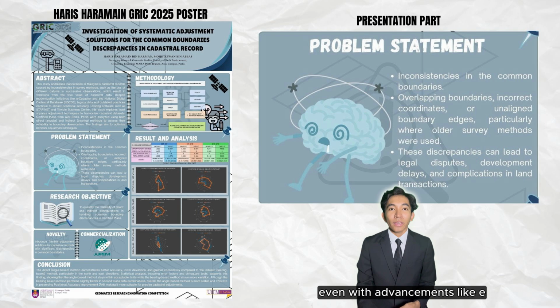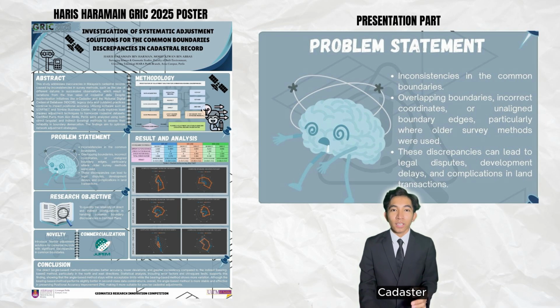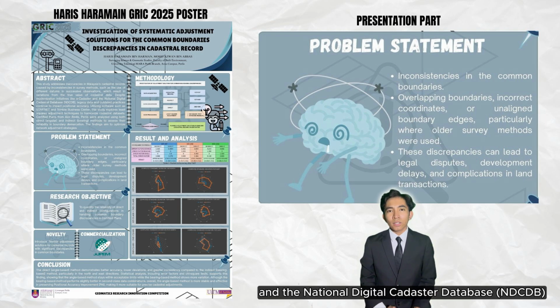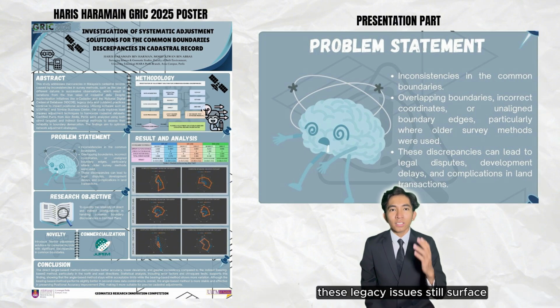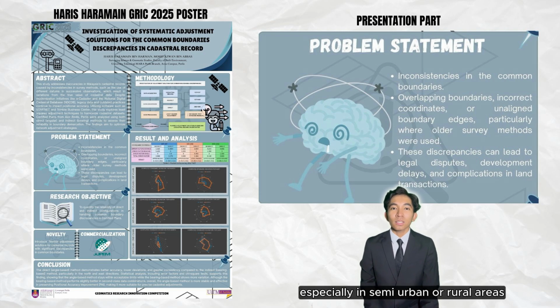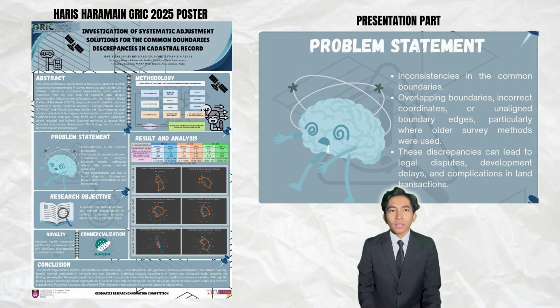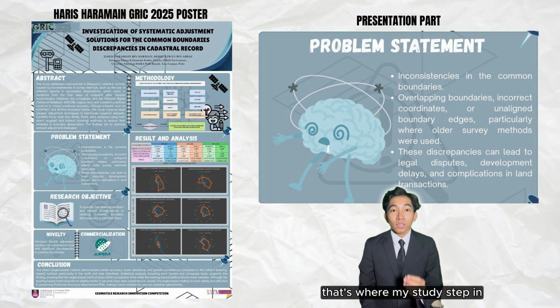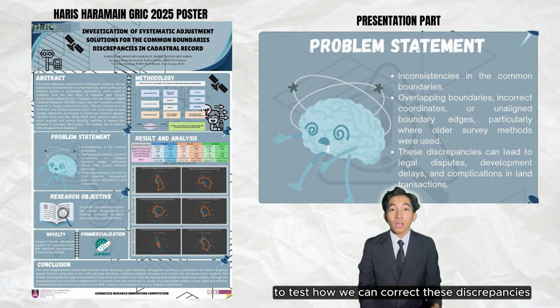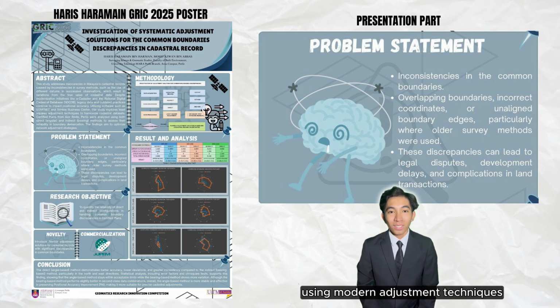Even with advancements like eCadastre and the National Digital Cadastral Database (NDCDB), these legacy issues still surface, especially in semi-urban or rural areas. That's where my study stepped in, to test how we can correct these discrepancies using modern adjustment techniques.